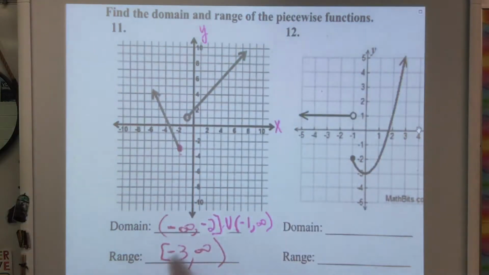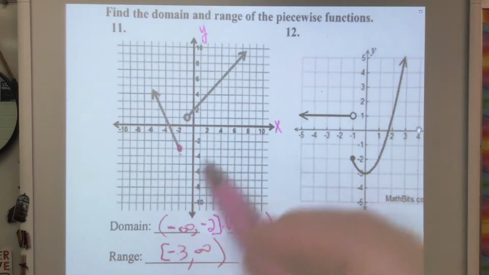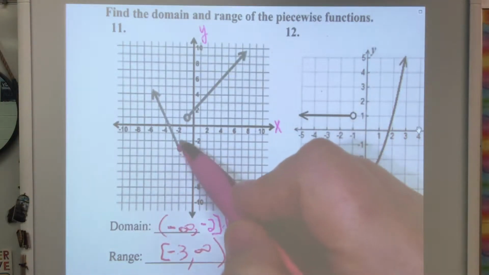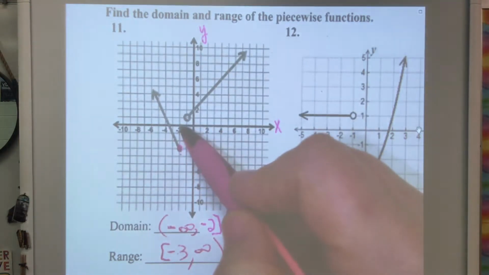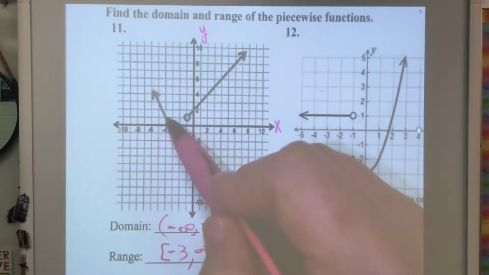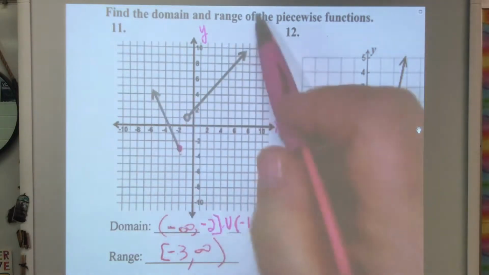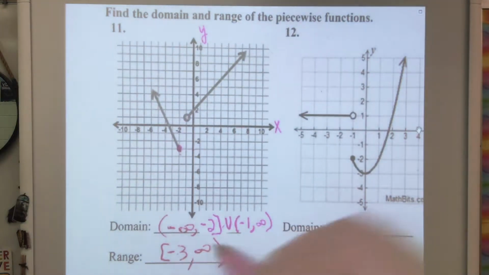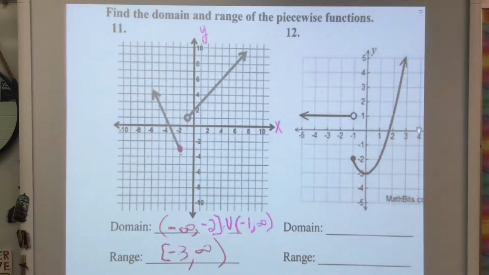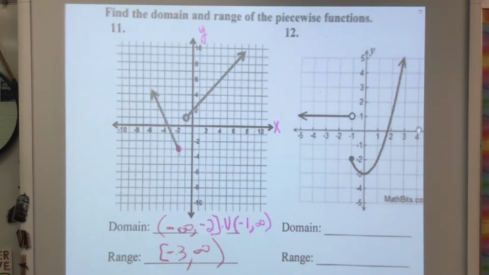So that means at negative 3, there is a bracket, and it works for negative 2, negative 1, 0, 1. Even though it's an open circle, it hits the graph there, and it goes all the way to infinity. So this one is correct, negative 3 to infinity. So that is domain and range for number 11.